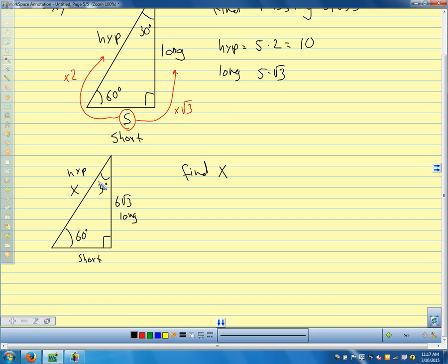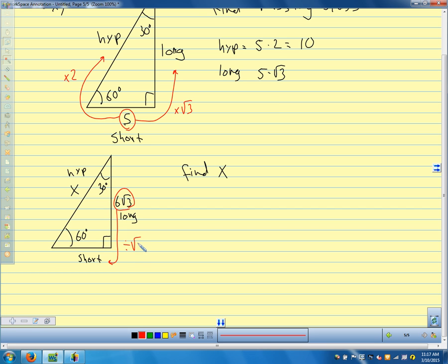Well, we don't have a rule that goes from the long side to the hypotenuse. What do we have to do? The short side is the key. Find the short side. So we know how to get from the short side to the hypotenuse. That's easy, right? All right, so to go from the long to the short, what do we do?